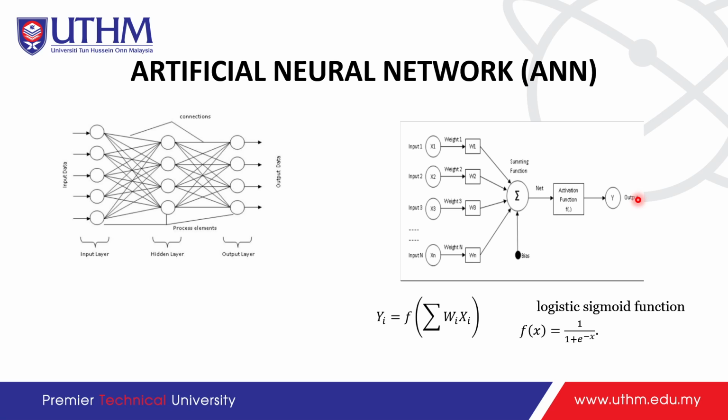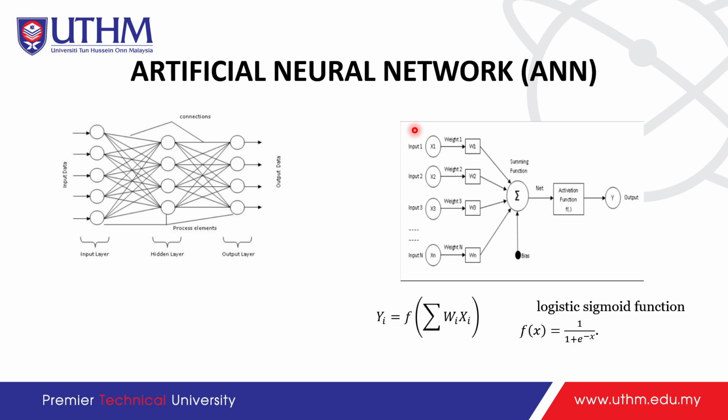Later on, the predicted output will be compared with the actual output. We have the input and what we call the target. The target is the real output. So the predicted output and the target will be compared in terms of the errors, and we try to minimize the errors by back propagating to adjust the weights so that the errors will be minimized.